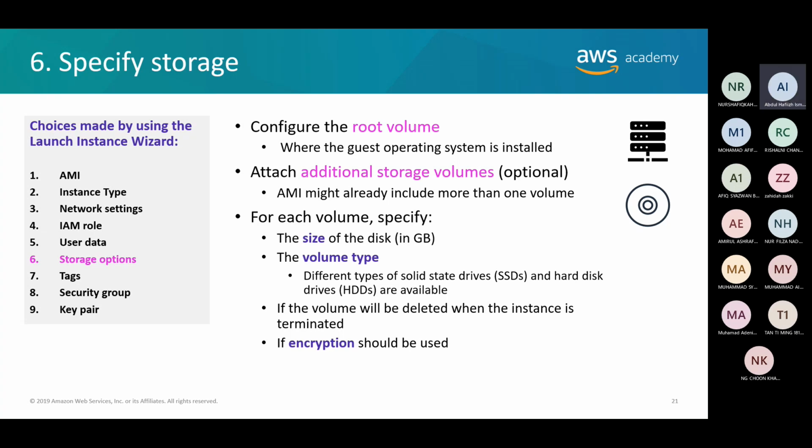So some AMIs are also configured to launch more than one storage volume by default to provide storage that is separated from the root volume. So for each volume that your instance will have, you can specify the size of the disk, the volume types, whether the storage will be retained if the instance is terminated. You can also specify if encryption should be used.